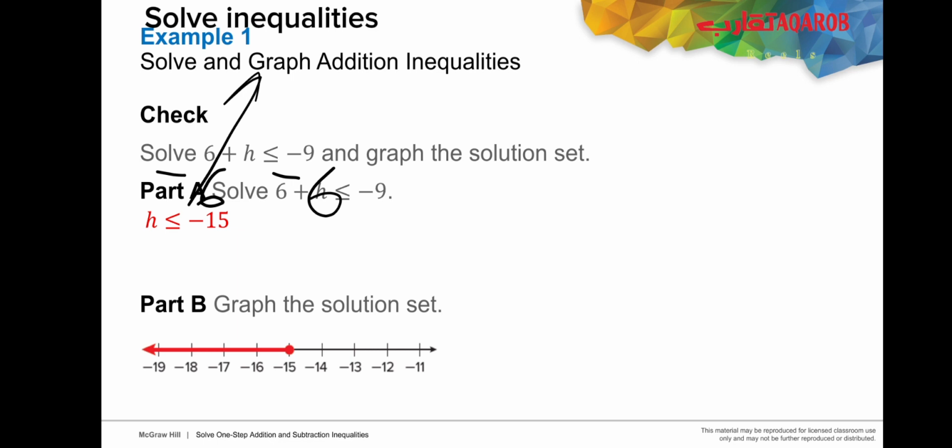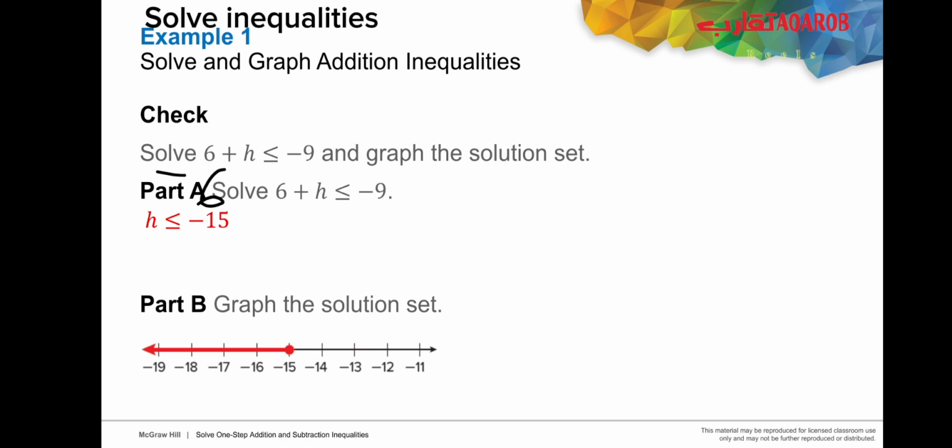Since I have the same sign for 9 and 6, the rule tells me I have to add them together. 6 plus 9 equals 15, and the sign must be negative, because when I have the same sign, I keep the sign. Now, if you see, I solved it.